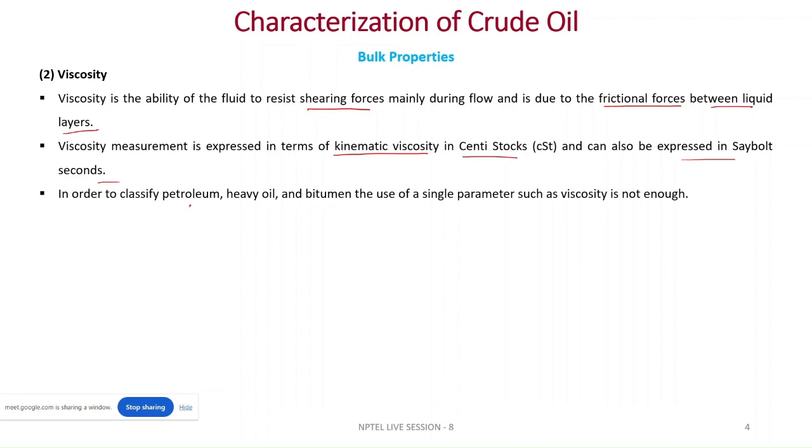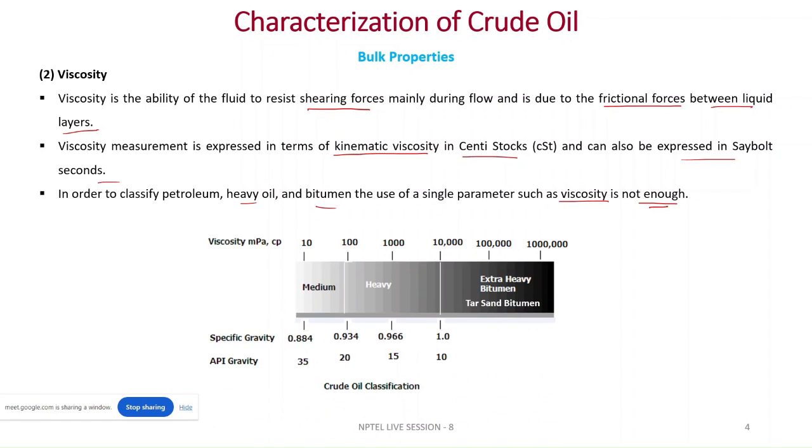In order to classify petroleum, heavy oil, and bitumen, the use of a single parameter such as viscosity is not enough, because petroleum, heavy oil, and bitumen have very complex compositions, right? So only the parameter viscosity is not enough to define or classify all those things. So we take viscosity, specific gravity, and API gravity, and this is the scale.